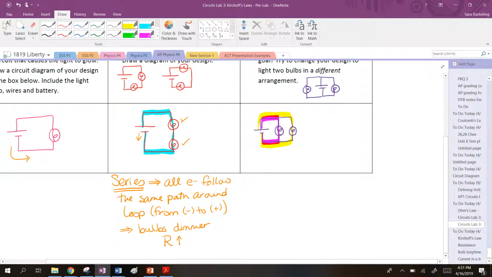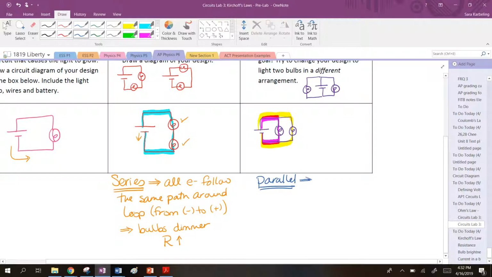You can, again, if you're thinking about the water slide example, this is where you climb a tower to the top of the water slides and you can go down either one or the other. But once you get to the top, once that battery lifts the electron to a high potential, then it's got to fall, and it can only fall one way or another. It's not going to fall through one and then through the other. That does not make sense because we're falling from high to low. In either of these cases, we are talking about what we call a parallel circuit.